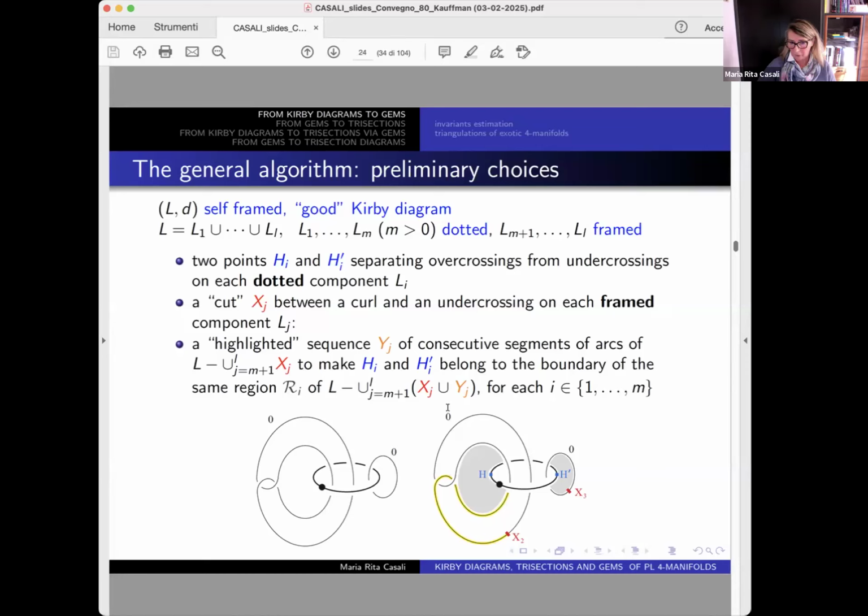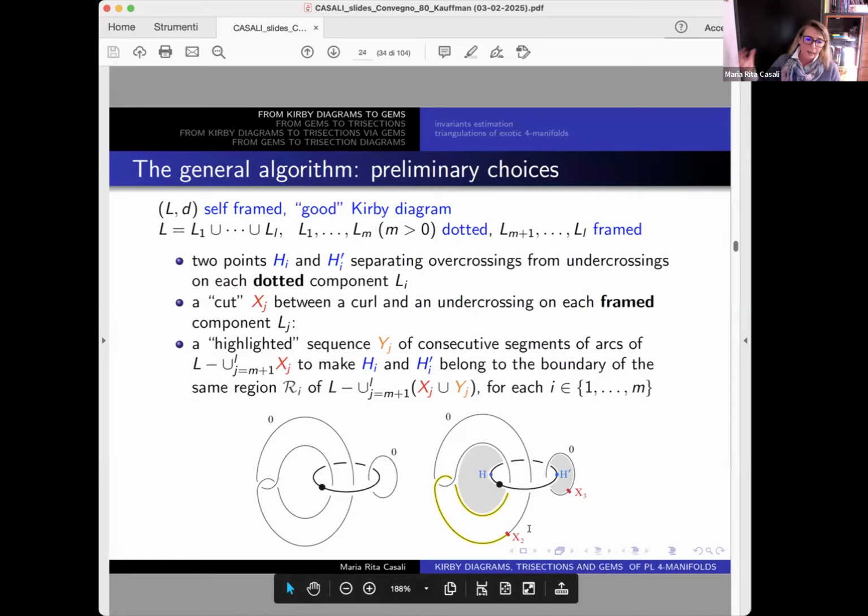On each dotted component, we have to mark 2 points, H and H prime, such that they divide the dotted component in 2 parts, one containing only overcrossings and the other containing only undercrossings. Then we have to cut each framed component in a point X, where quadricolors will be positioned.